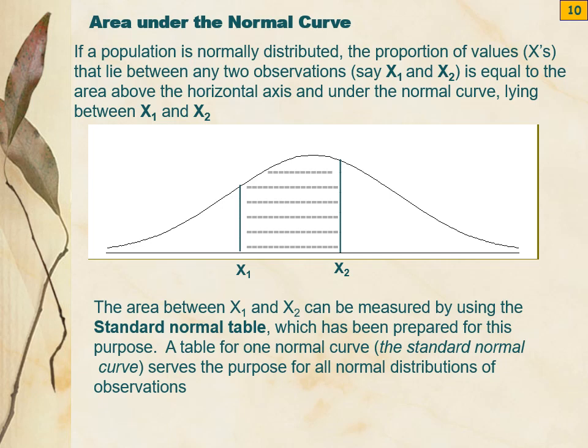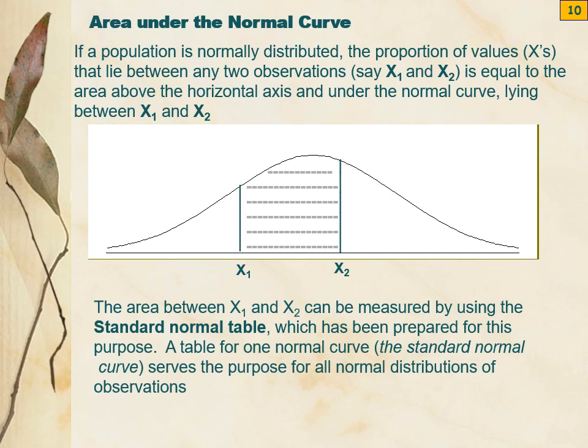The area between x1 and x2 can be measured by using the standard normal table. As I mentioned in the last slide, a standard normal table has been prepared by statisticians. One single table works for all normal distributions. You may have thousands and lakhs of distributions with different means and different SDs.